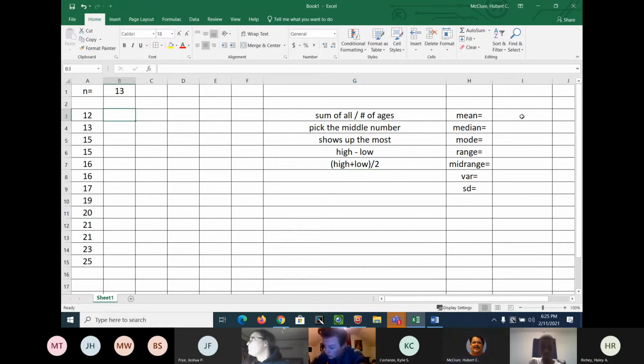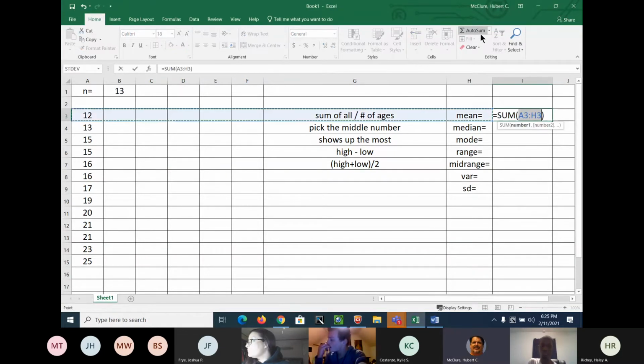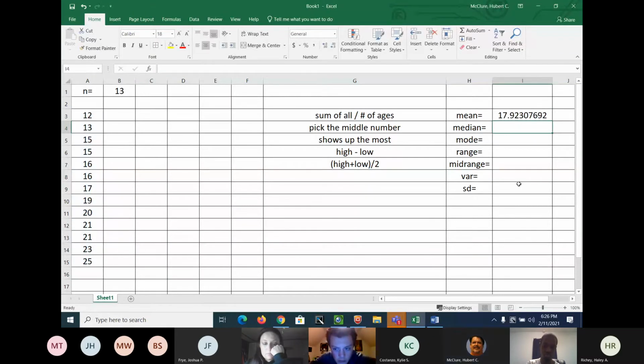So, mean. Take the mean, add up all the numbers, and divide by 13. Now notice that I'm carrying this to 6 or 7 digits. Why am I doing that?